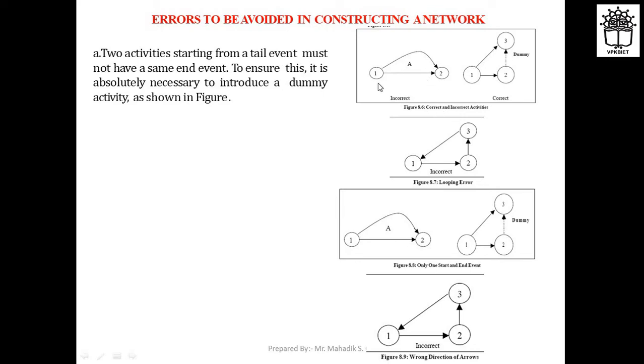Here you can see in the first figure, 1 and 2 are the two events, and from the first event two activities are bursting out. But these two activities end again at the same event, number 2. Each activity should have its own end event.